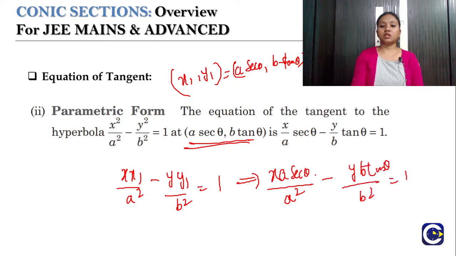So a and b cancel: x by a secant theta minus y by b tan theta is equal to 1. This will be my parametric equation of the tangent, the equation of tangent in terms of parametric form.